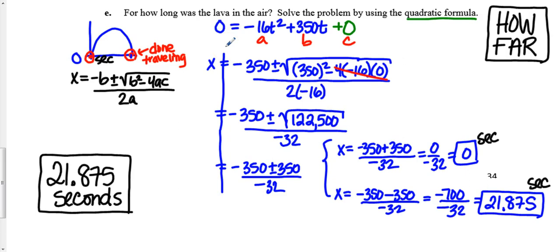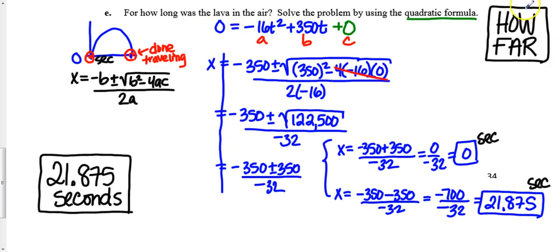But usually if we're talking about something traveling, it's done traveling when it hits the ground. If it was something else, like let's say when does it hit a building at 10 feet, you'd put 10, and then before you could use the quadratic formula, remember this has to be set equal to 0.